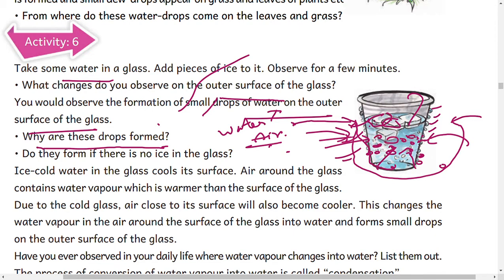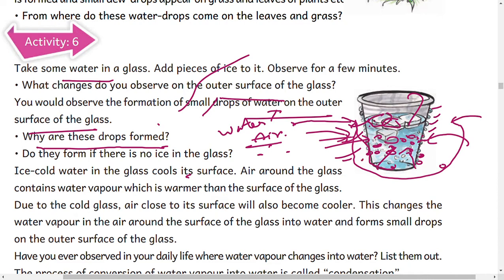So, do they form if there is no ice in the glass? No, it does not form any water drops if there is no ice in the glass. For example, if we don't keep any ice cubes in this glass, there is no formation of droplets.